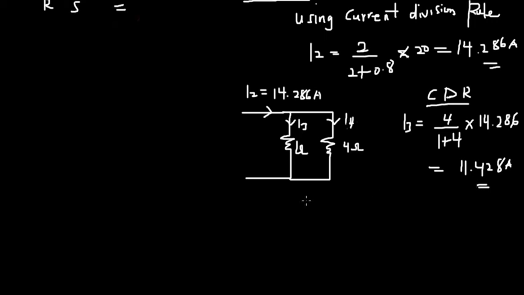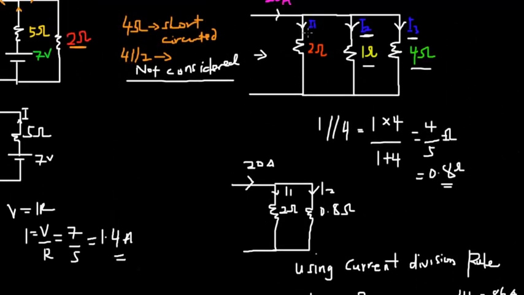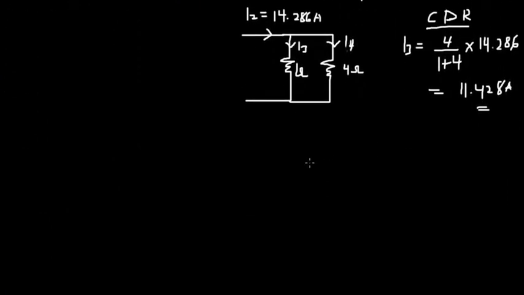Now we want to find the main current passing through I1. That's how you find your main current passing through I1.